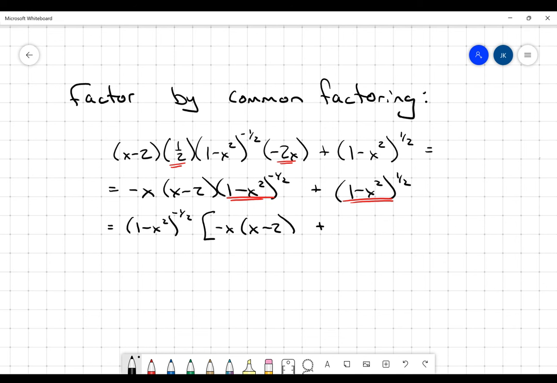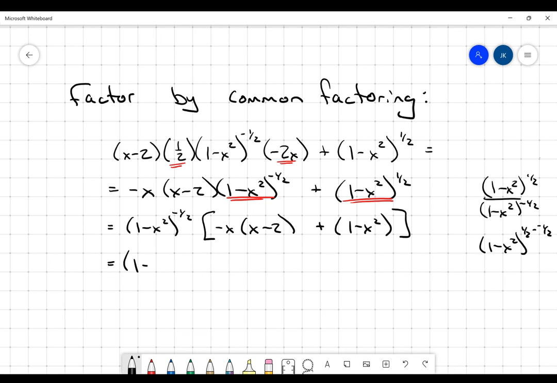and when I divide these out, remember I'm dividing powers, so I'm going to subtract the exponents. So it's going to be 1 minus x squared to the 1/2 divided by 1 minus x squared to the negative 1/2. So 1 minus x squared to the 1/2 minus negative 1/2. That's 1/2 plus 1/2, just going to be 1. So it'll be 1 minus x squared.